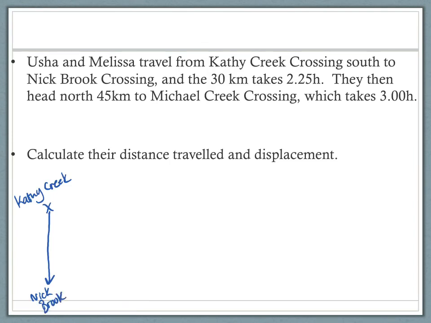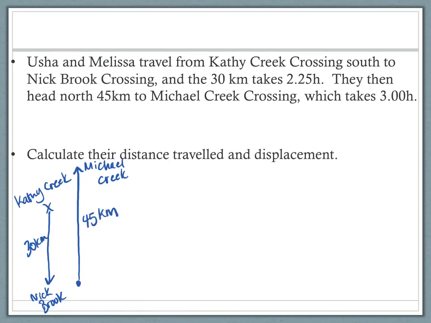And that is 30 kilometers and takes 2.25 hours. And then you're going to head north to Michael Creek Crossing. Okay, so then you're here, but I'm just going to move you over a little bit. And you're going to go north 45 kilometers. Okay, and then of course this is Michael Creek Crossing. And this is 45 kilometers.